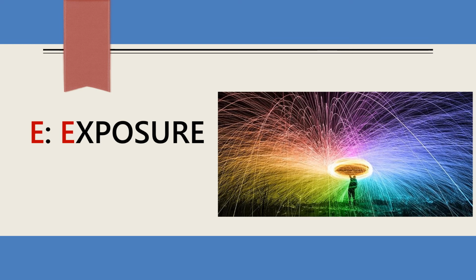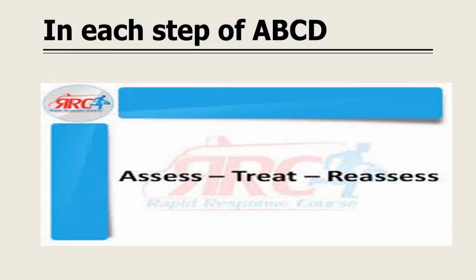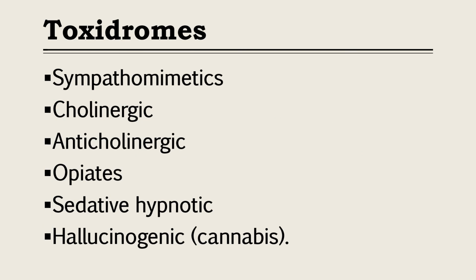Why do we do this approach? To collect data, then read a toxidrome. What are the toxidromes? Toxidromes are groups of signs and symptoms related to certain groups of drugs. Let us say you have a patient with tachycardia, hypertension, and dilated pupils. What is the differential diagnosis of this patient?